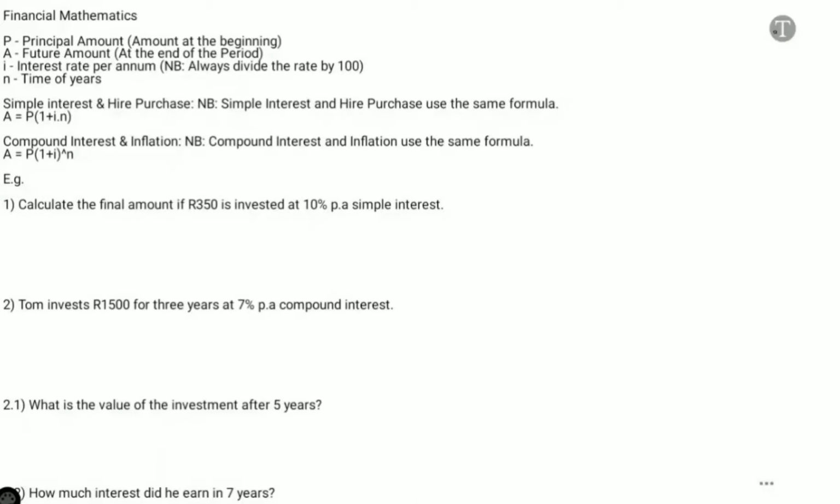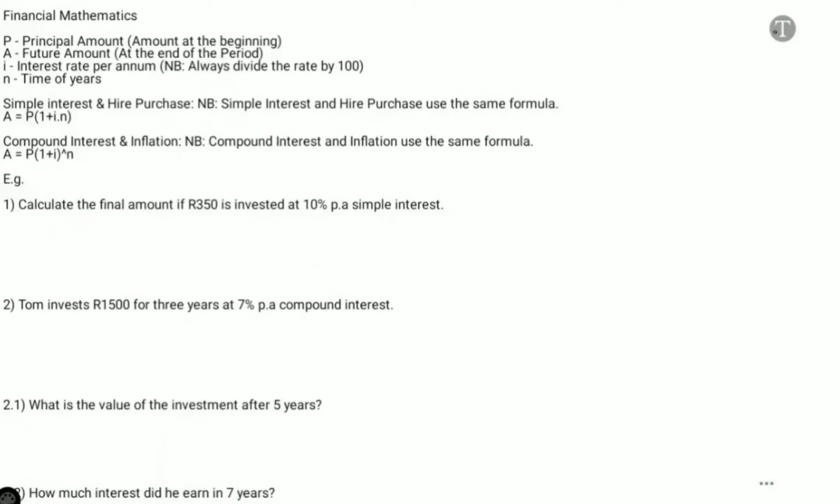That means make N an exponent in the formula. If you're asked something to do with inflation, you would use the exact same formula. It's not rocket science. Let's have a look at our first example.